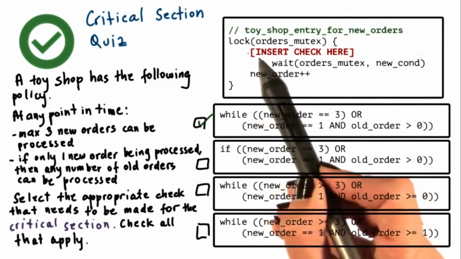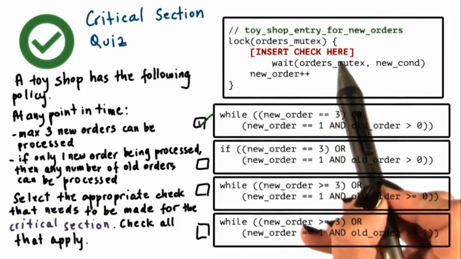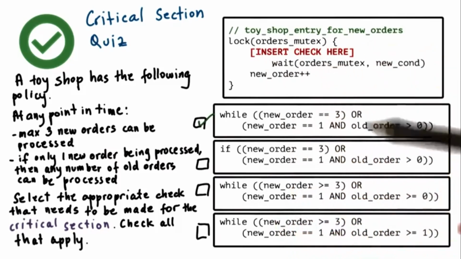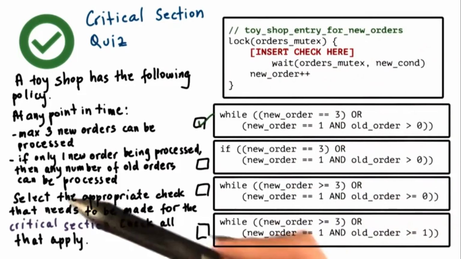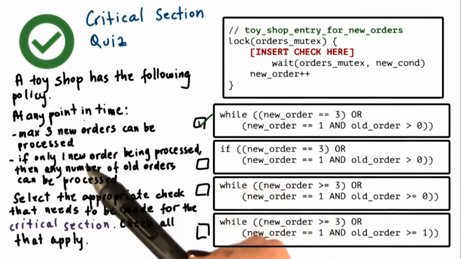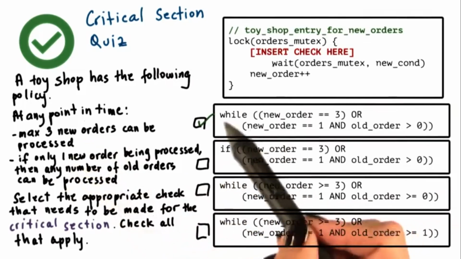If we don't go back to reevaluate the predicate, it is possible that we will miss such a case and therefore enter the actual critical section, so enter the toy shop, in a way that violates this policy. So this answer is not correct because it uses if as opposed to while.